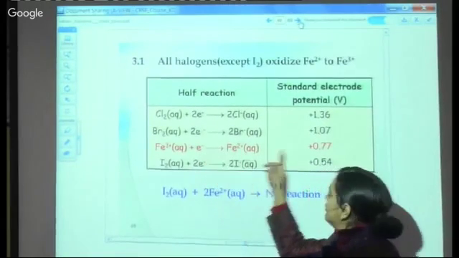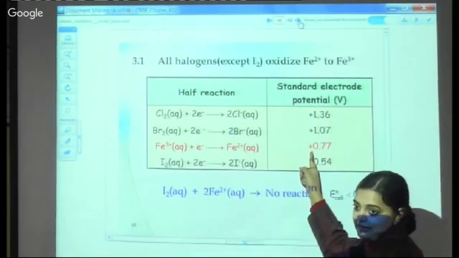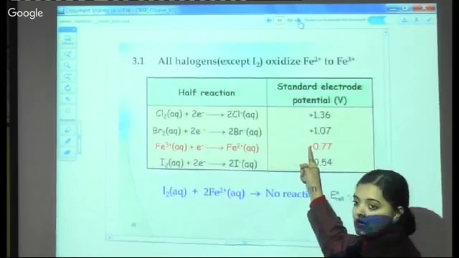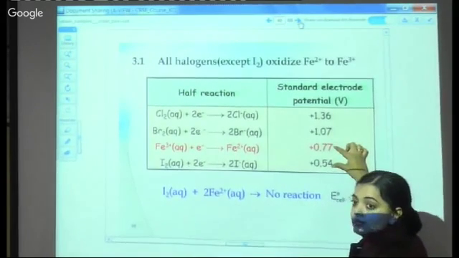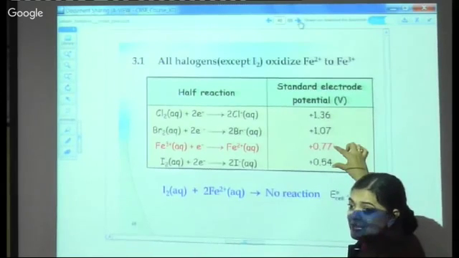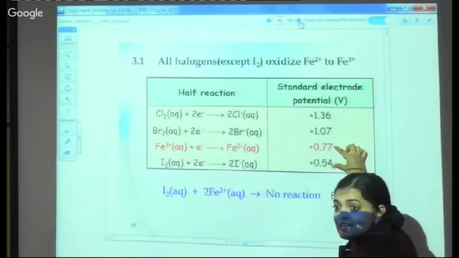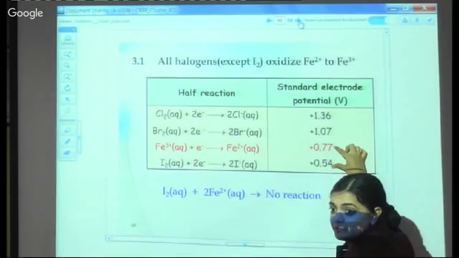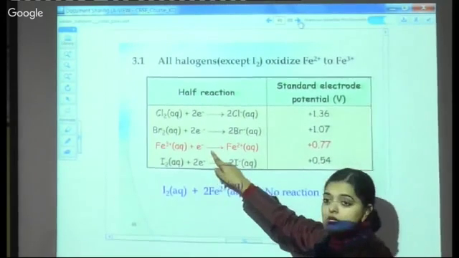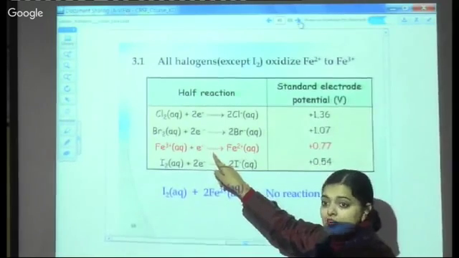Inverting this reaction will change the sign. It will become minus. If I add these two, the magnitude will be negative. That means E naught will be negative. So this is not a spontaneous, or you can say a feasible, reaction. Fine. So iodine won't oxidize ferrous to ferric.